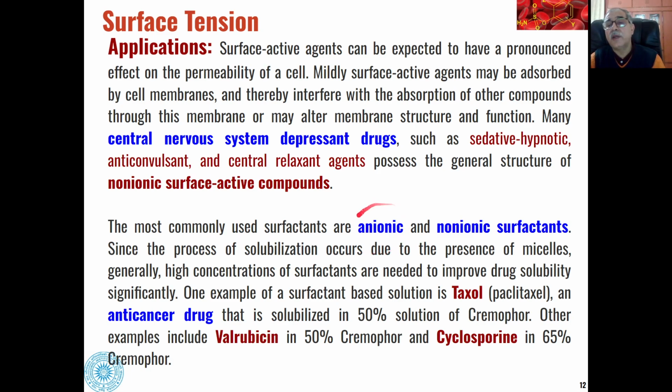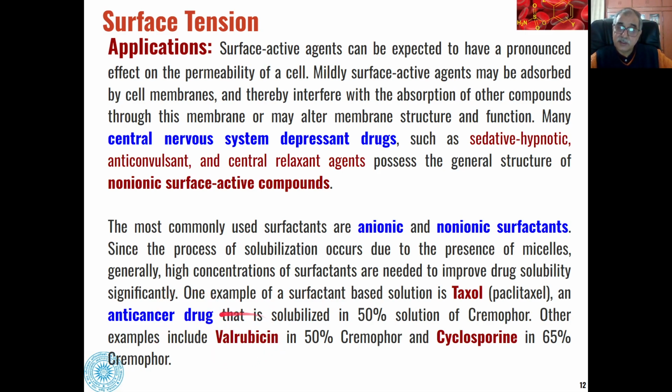Then anionic and non-ionic surfactants have been used very effectively. One example of a surfactant-based solution is Taxol. Taxol, we know, is a very effective anti-cancer drug, and this is used as a 50% solution of Cremophor, where Taxol is dissolved in the surfactant, and it is used as an anti-cancer agent.